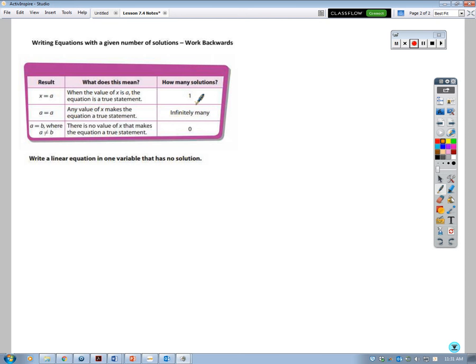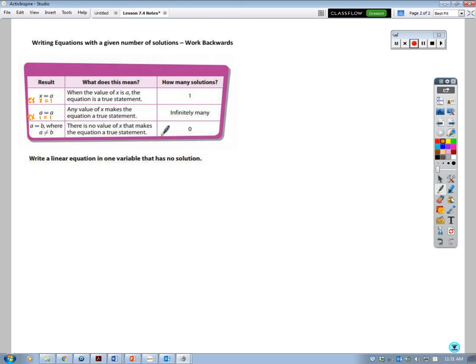If you have one solution, you're going to have the final result being x equals a number, for example, x equals 1. If you have infinitely many solutions, you'll have a number equals the same number, like 1 equals 1, for example.